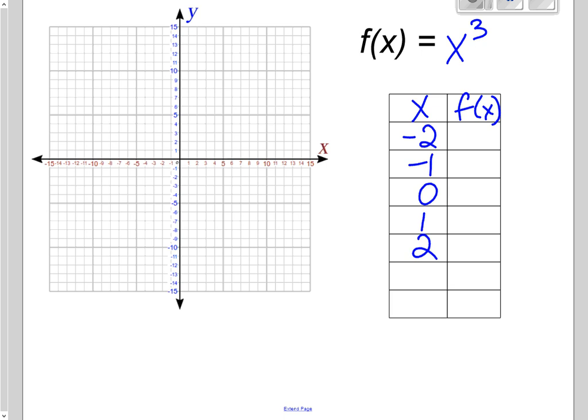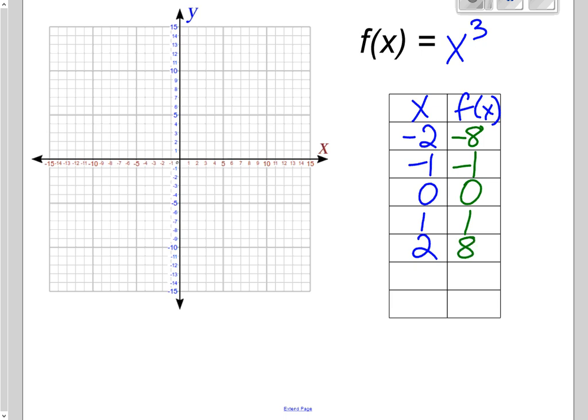Okay, -2 cubed is -2 times -2 times -2, which is -8. -1 cubed is -1 times -1 times -1, which is -1. 0 cubed is just 0. 1 cubed is 1. And 2 cubed, 2 times 2 times 2 is a +8.